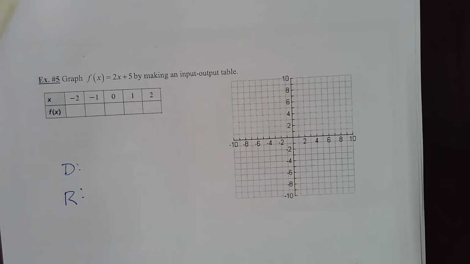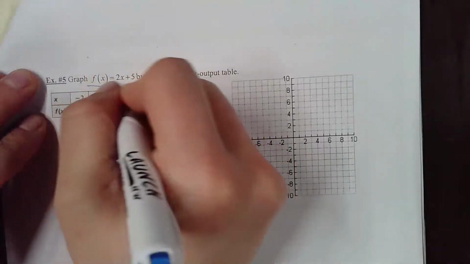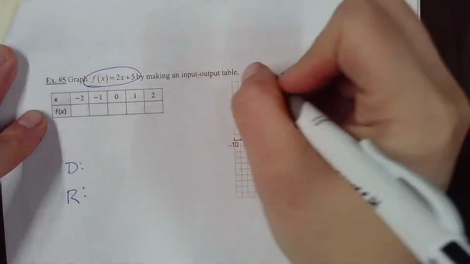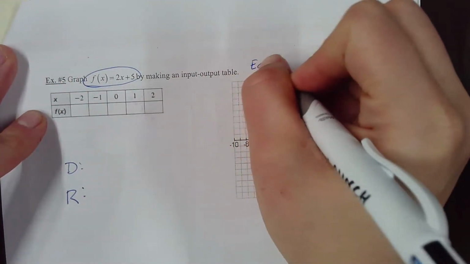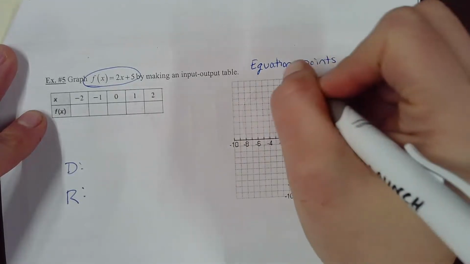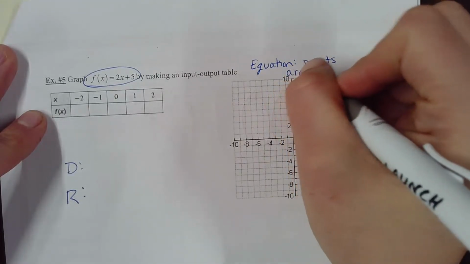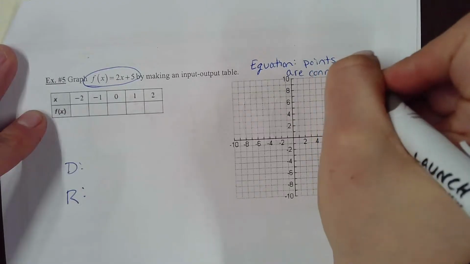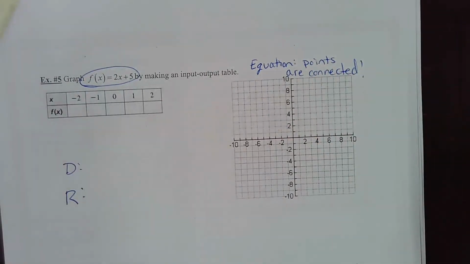With this table, we were given an equation first. Because we were given an equation, our points are connected. Knowing that our points are connected gives us a different domain or range.